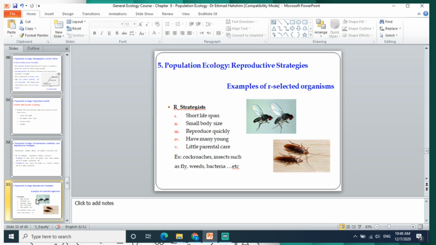There is no parental care. They are just born, and then each one must go search to complete its life, like cockroaches, insects, flies, bees, and bacteria. All those organisms are small in size, reproduce quickly, and produce so many offspring. This is what we call r strategies.